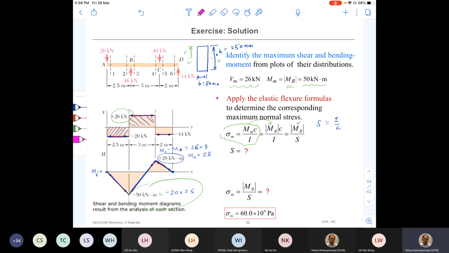What is the value of C? C should be equal to H by 2, correct? So now can we write what this S is? S is equal to I. What is the I of this cross section in terms of H and B? We already learned that, right?